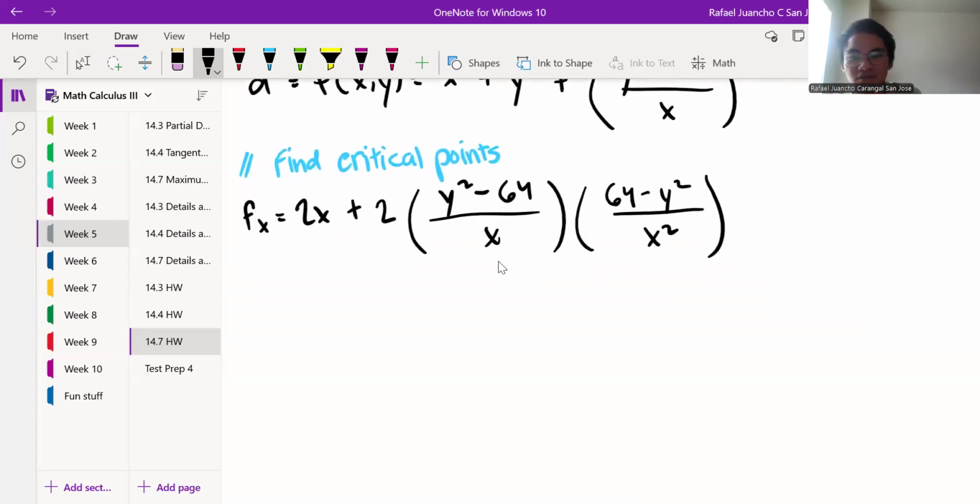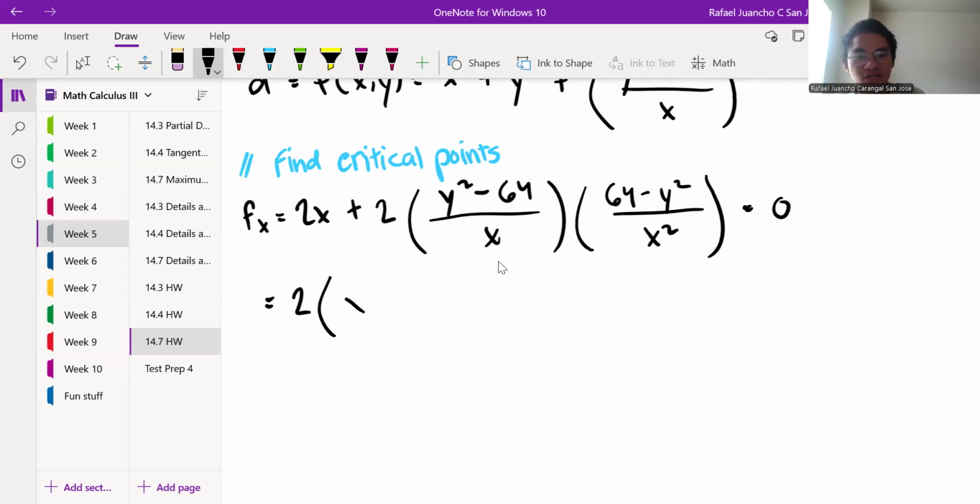Now we equate them to 0 basically. I can factor out my 2. This is not clean. Not clean at all. Okay, let me see. So let me factor out my 2.